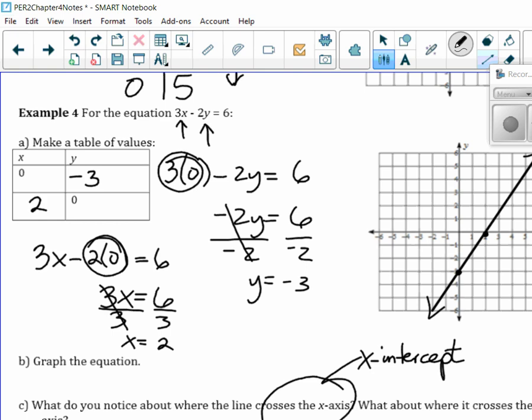The x-intercept is, again, where it crosses the x-axis, but this is when y equals 0. Where it crosses the y-axis, that's called your y-intercept, and that's when x equals 0. So some knowledge to think about later.